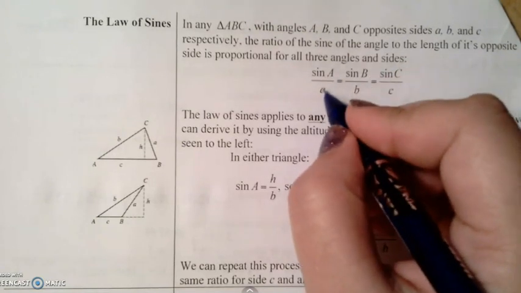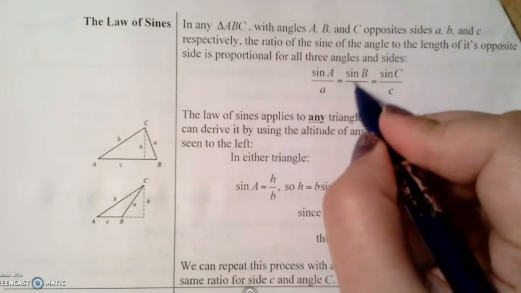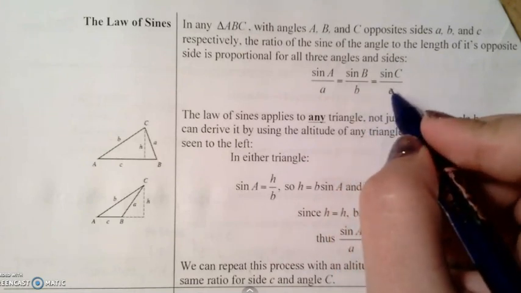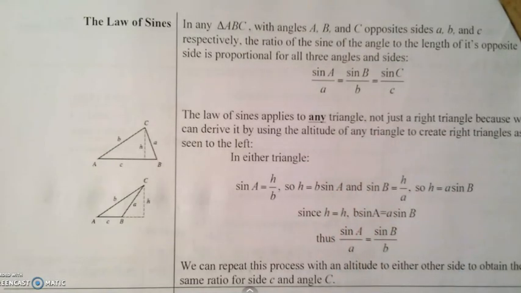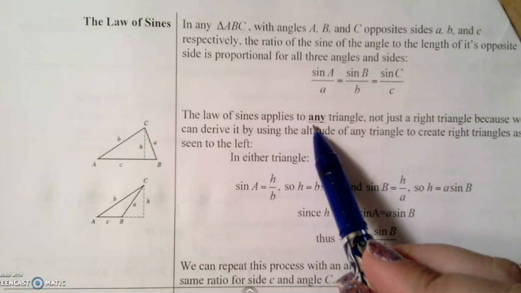So sine of A divided by a, sine of B divided by b, sine of C divided by c. If I'm looking for b, then I'll use b with one of the other ratios that I know both parts of. Now we can apply this to any triangle, which is really useful, not just a right triangle.